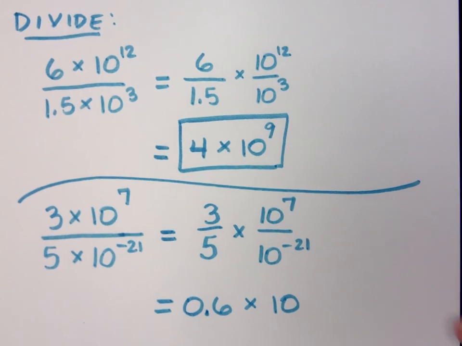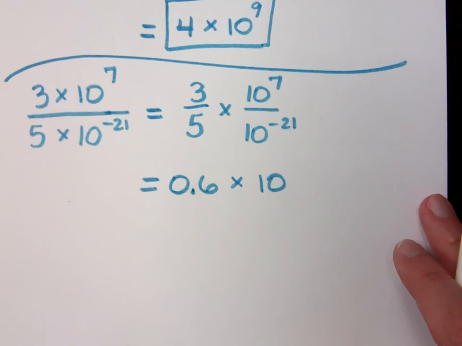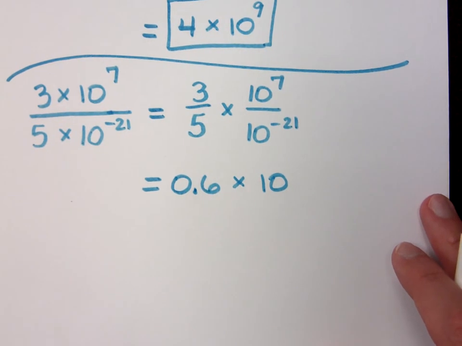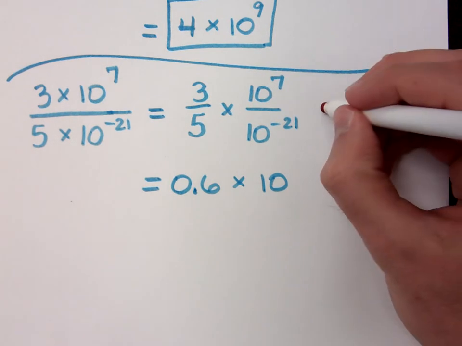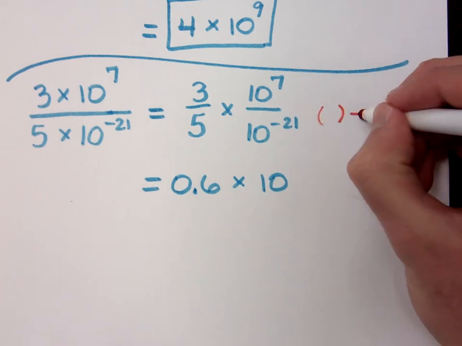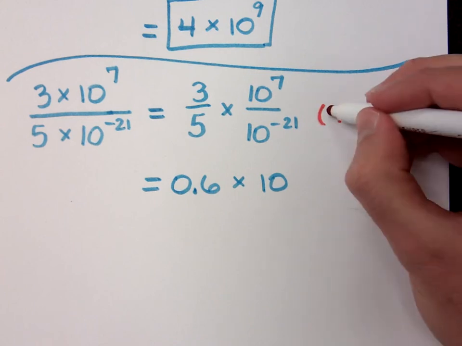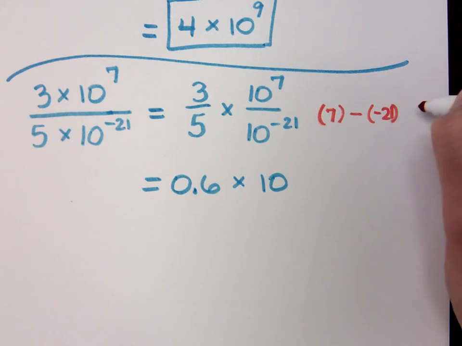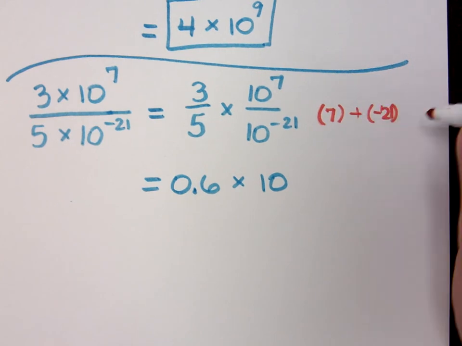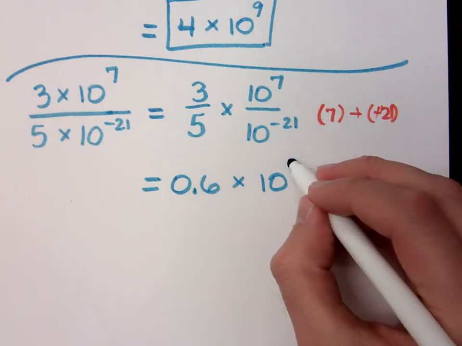Negative 14. Ooh, I'm so glad you gave me the wrong answer. How do you do division with exponents? You take the top exponent minus the bottom exponent, right? What's the top exponent? What's the bottom one? Negative 21. So it's minus and minus, which makes that what? That makes it 28.